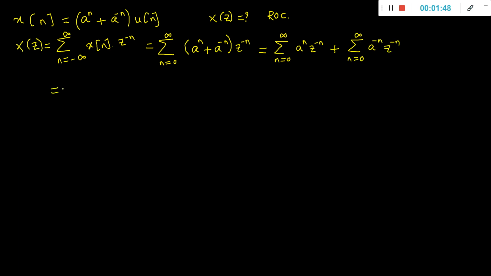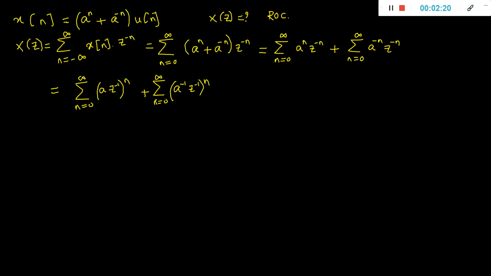This can now be further written as summation n equal to 0 to infinity a into z raised to minus 1, raised to n. This is how I write the first term, plus summation n equal to 0 to infinity. If I take the common power out, it will be a raised to minus 1 z raised to minus 1, raised to the power n.